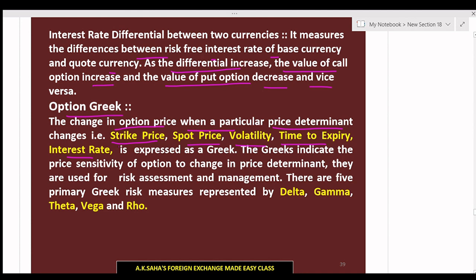So the change in option price when a particular price determinant changes is called a Greek, an option Greek. The Greeks indicate the price sensitivity of an option to a change in a price determinant. They are used for risk assessment and management. There are 5 primary Greek risk measures represented by delta, gamma, theta, vega, and rho.